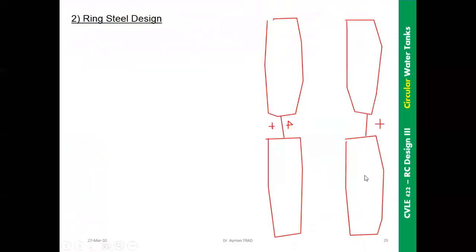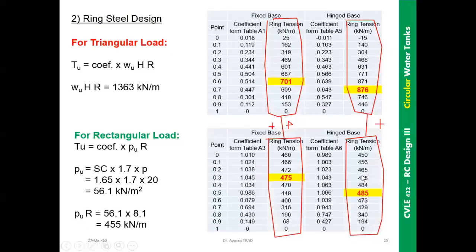So مثل ما سبق وقلنا معناتها هلا it's time to make the superposition between the fixed base triangular plus rectangular load and hinged base triangular plus rectangular load in order to get the values for trapezoidal load.